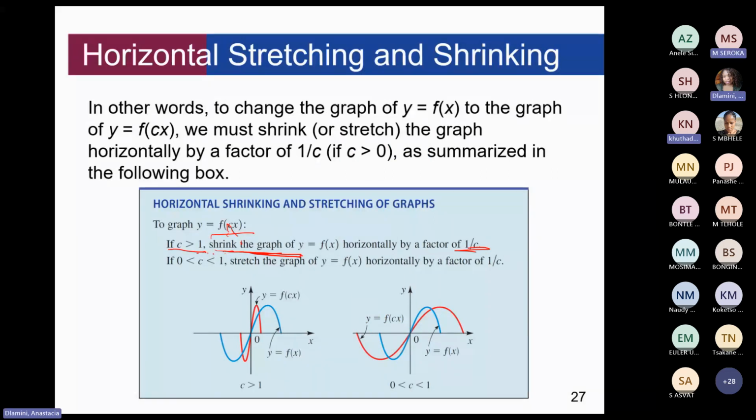And then if c is between 0 and 1, then stretch the graph horizontally by a factor of 1 over c. Are we together? Okay, let's go back to the statement.